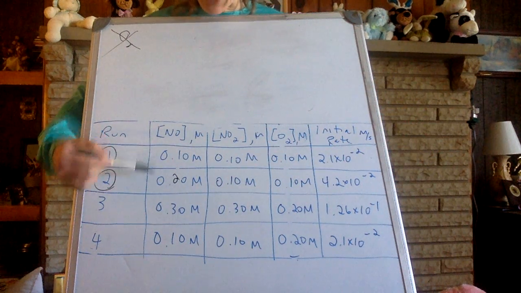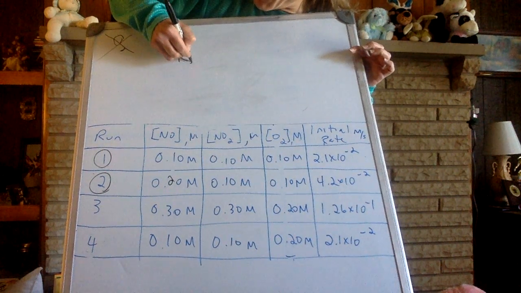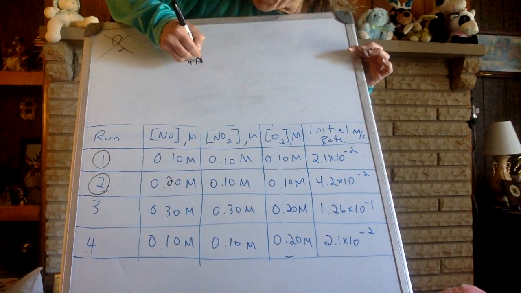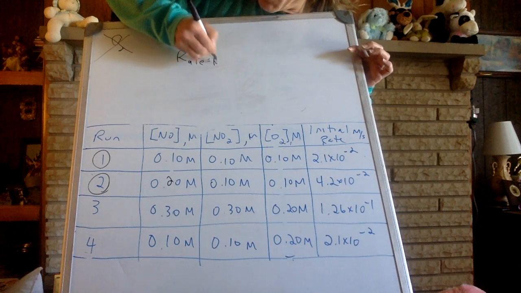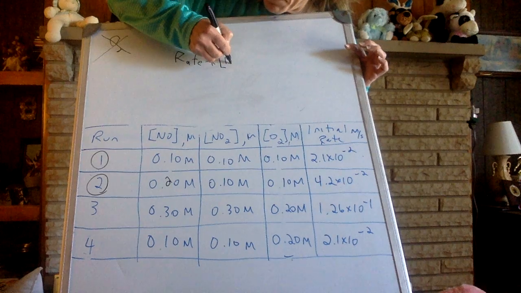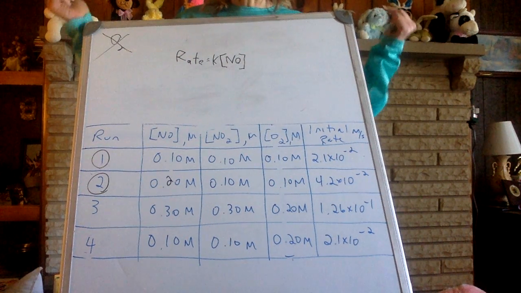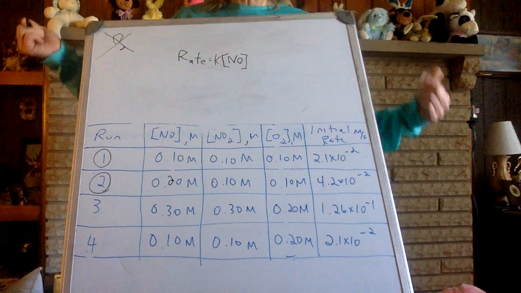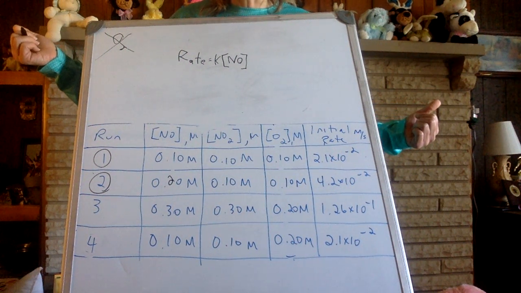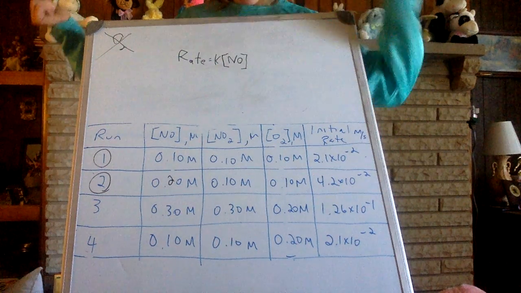So I doubled NO, doubled my rate. Rate equals k times... let's start with NO. Since it is doubled and doubles my rate, it's going to be first order here.